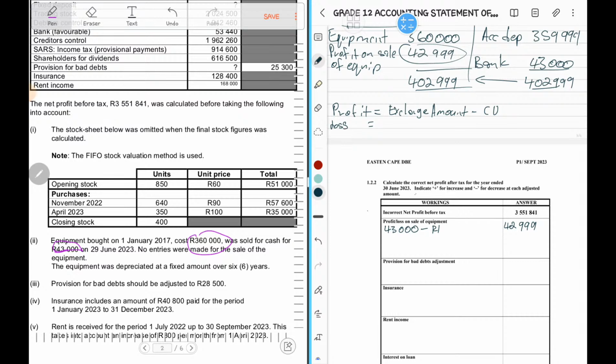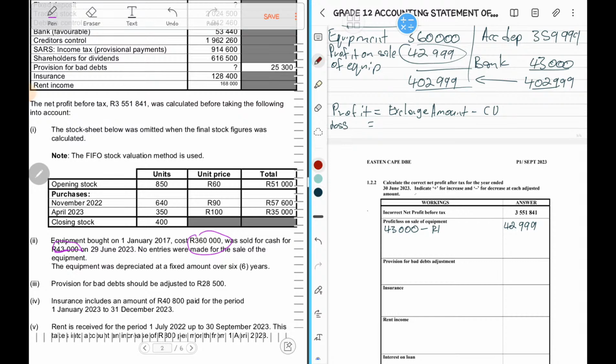However, even if you say that since we are disposing it, there is no need for me to apply the 1 rand rule, whether you apply the 1 rand rule or not, it will still be okay. Now remember, a profit on sale of equipment increases our profit.